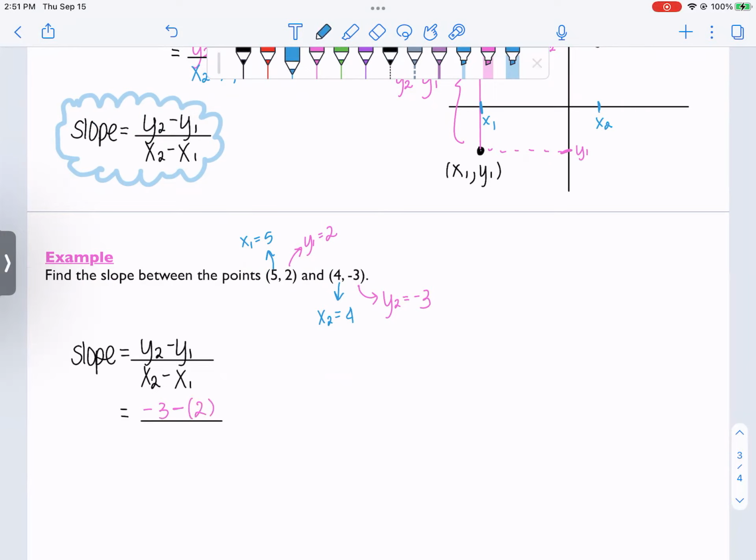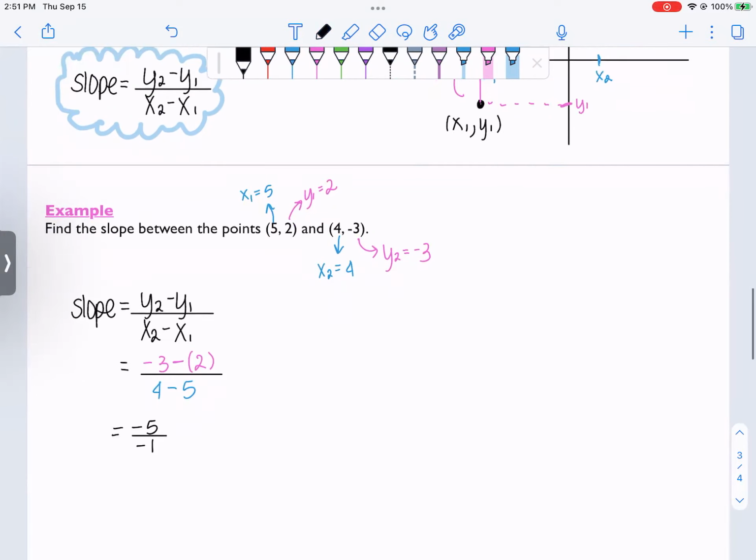On the bottom, x2 is 4 minus x1 is 5. -3 minus 2 is -5. 4 minus 5 is -1. -5 divided by -1 is +5. So the slope of the line containing these 2 points would be 5.